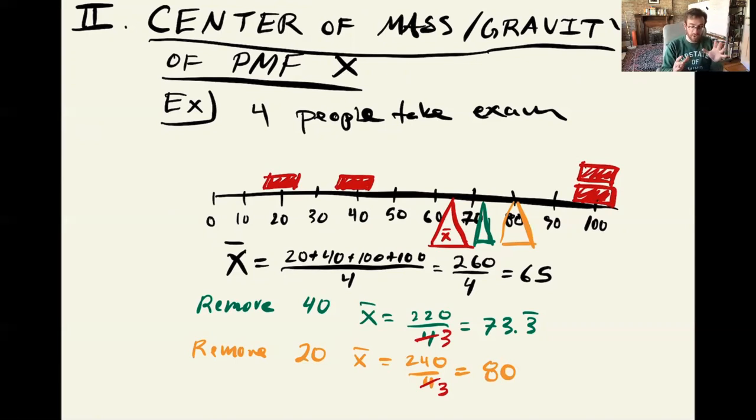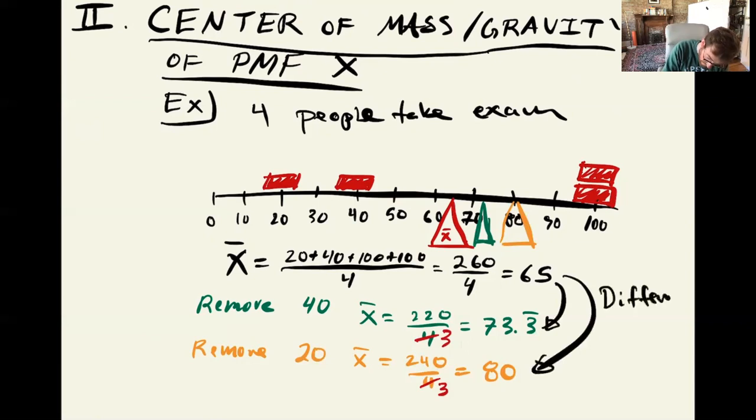And all this is to show you is that distance from the center more strongly impacts. So in this sense, expectation is sensitive to outliers. So the impact of each of these is different. Just by removing literally one student's score, in one case I changed the average only 8 points roughly. In the other case I changed the average by 15 points.